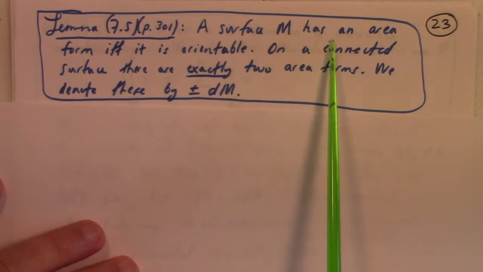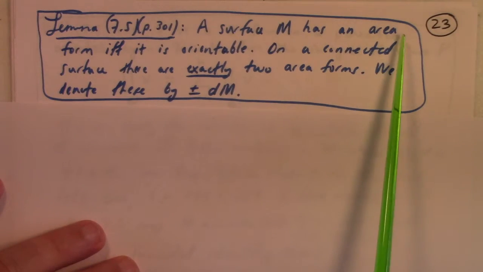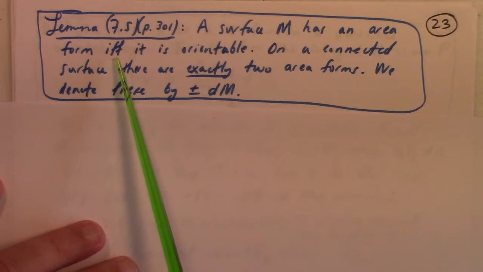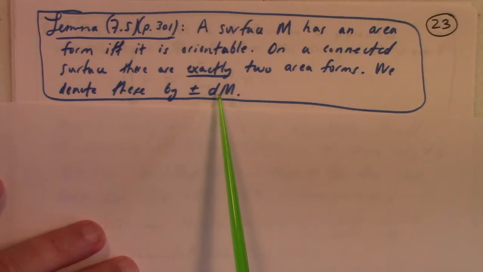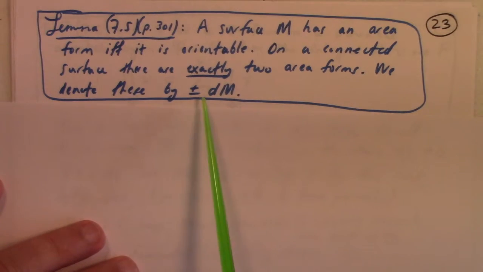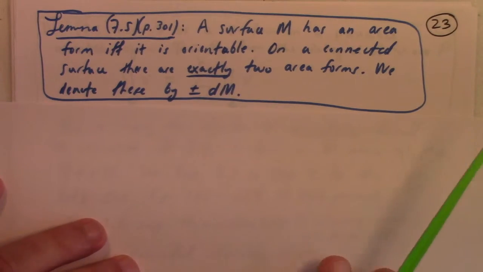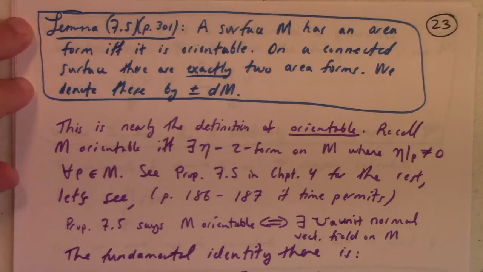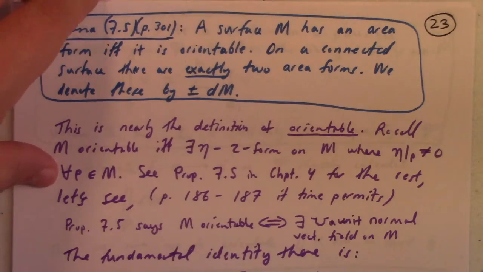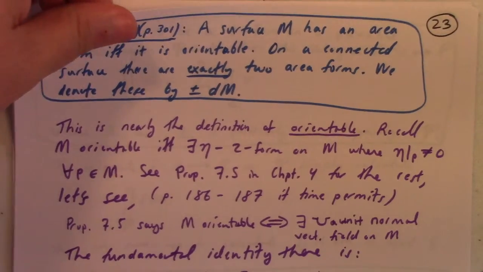A surface M has an area form if and only if it is orientable. On a connected surface, there are exactly two area forms. We denote these by plus or minus dM. All right. So this is really, in the nuts and bolts of things, what we've done before. But what was our definition of orientable?